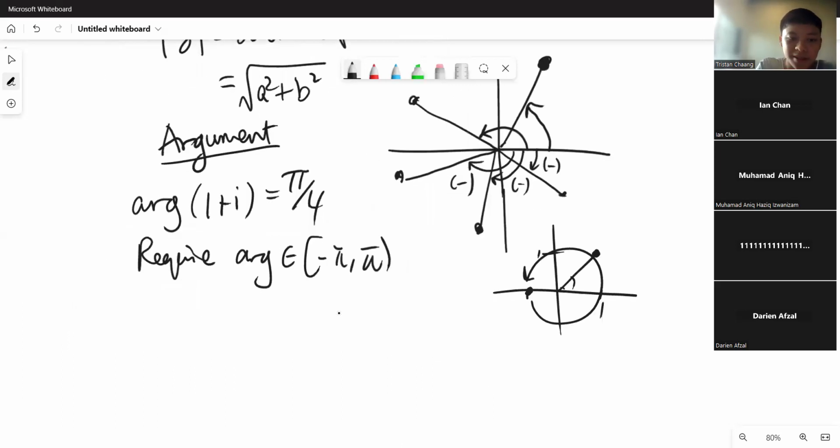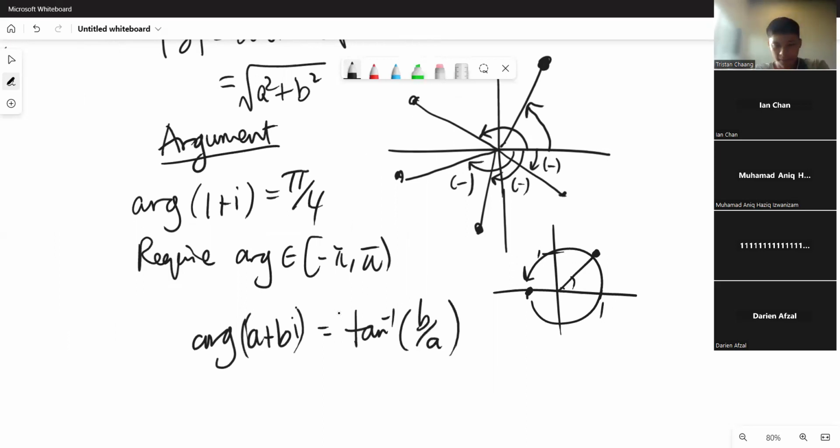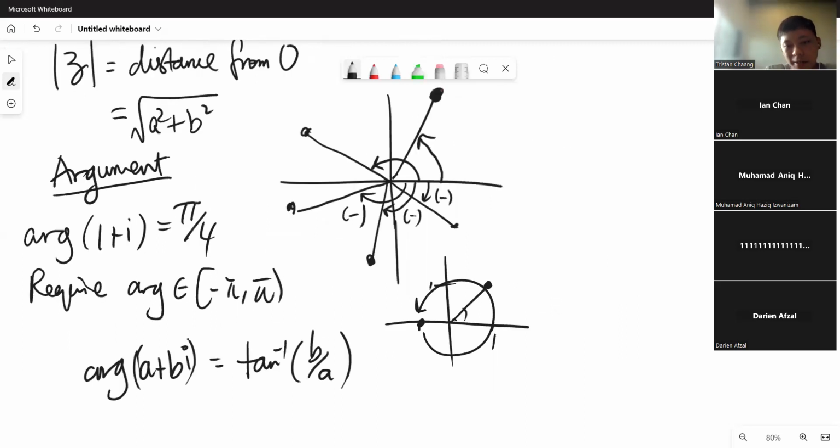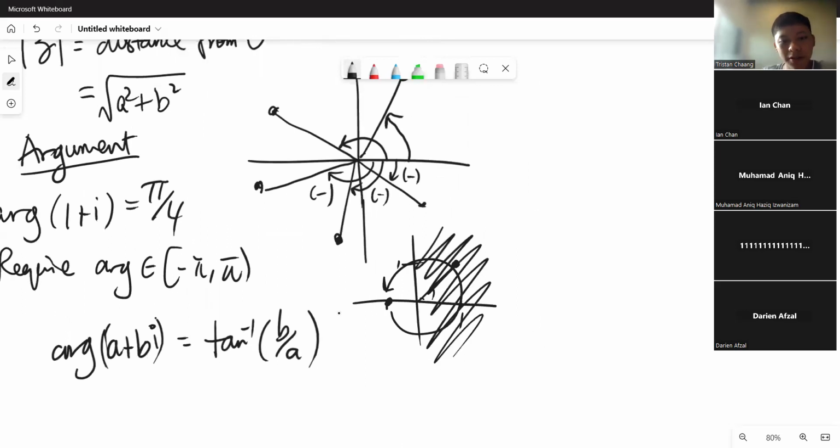And someone said the argument of a plus bi can be the tangent inverse of b over a. As I said, it's a little bit more subtle than that, because it works for the first and fourth quadrants. But for the other quadrants, you have to add pi or minus pi.